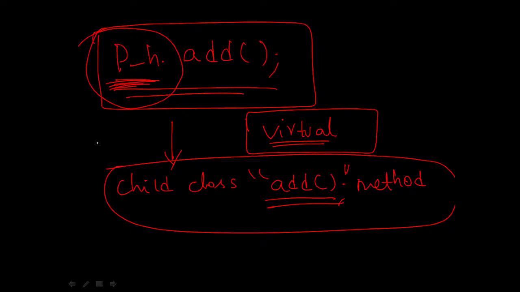This is how the virtual keyword helps us achieve polymorphism. If you use the virtual keyword, then we can easily override the methods of the parent class in the child class, and we can also achieve polymorphism. This is how the virtual keyword works.